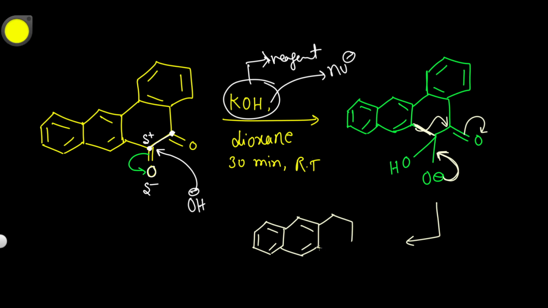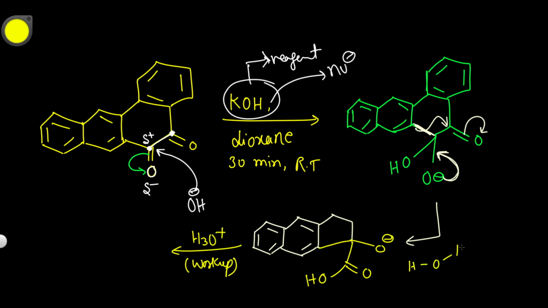Let this attack on this one position, and here it goes O minus, and here it goes like this. And after this, you have to take H3O plus for workup, and if you do workup, then you will get the final product. It will take a proton from this, and it will go like this, and here is your final product.